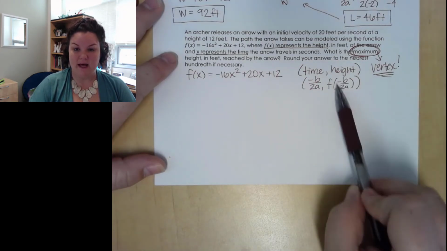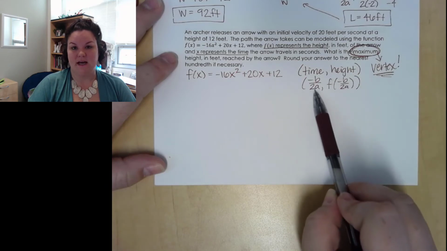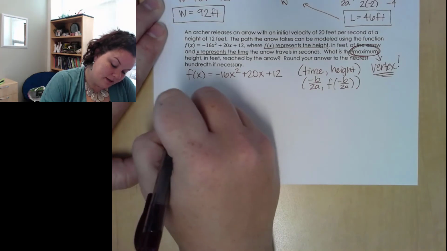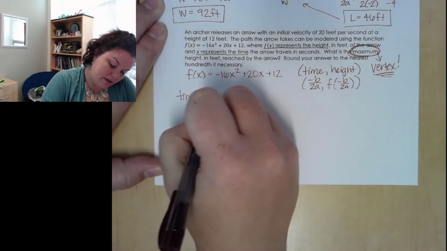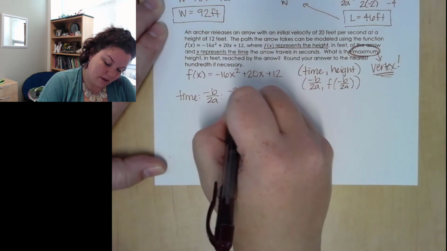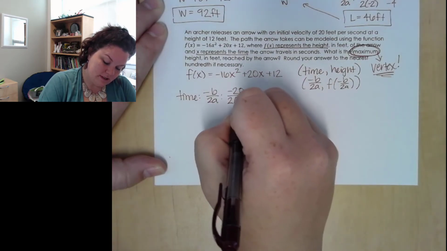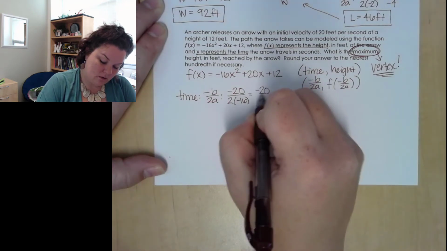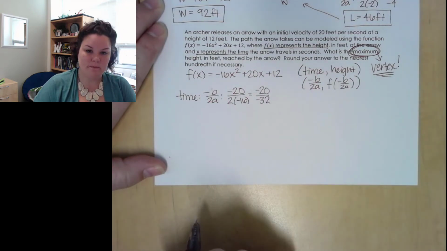Now, in order to find the height, we're going to have to first find the time, right? So we can plug it back in. So we're going to have to calculate both here. So in order to find the time, I'm going to do negative b over 2a. So negative b would give me a negative 20 over 2 times a, which is negative 16. So this gives me a negative 20 over negative 32.